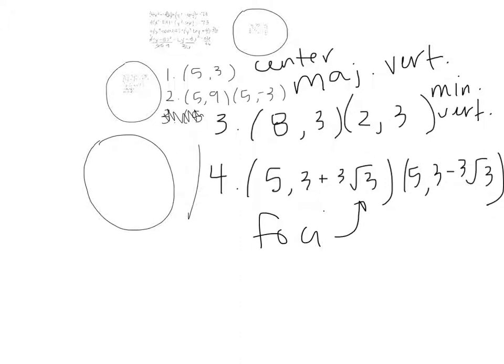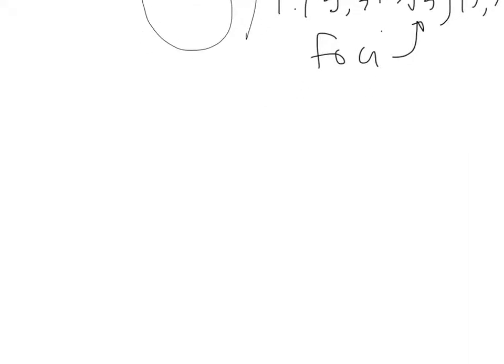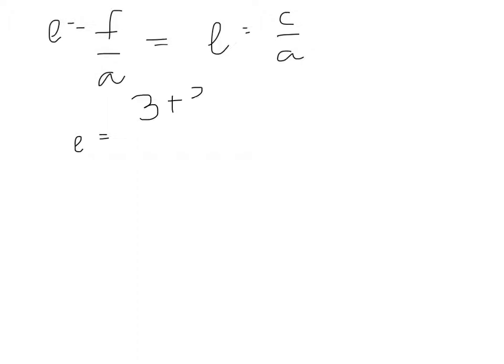Last but not least, we have to find our eccentricity, which isn't too difficult. I'm going to do that right there. So our eccentricity is equal to c over a. So our c value is equal to 3 root 3 over our value of a, which is 6.